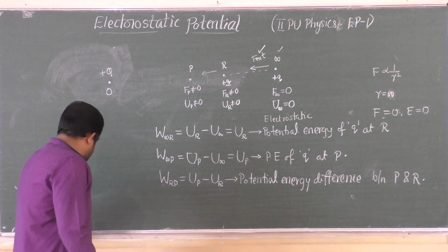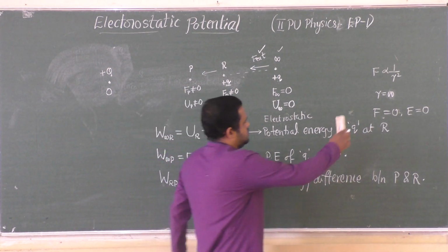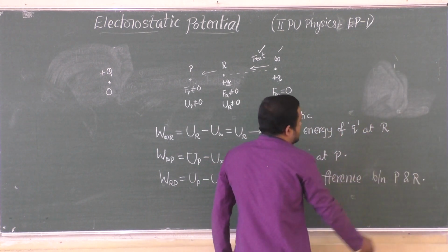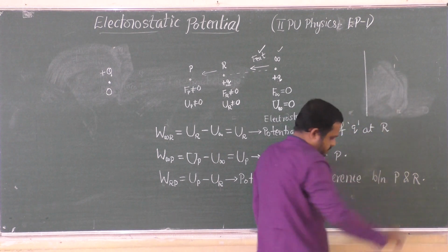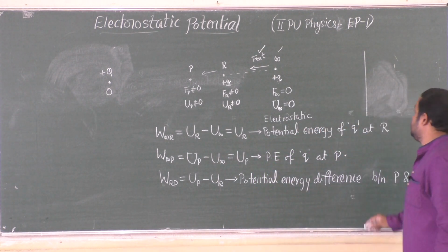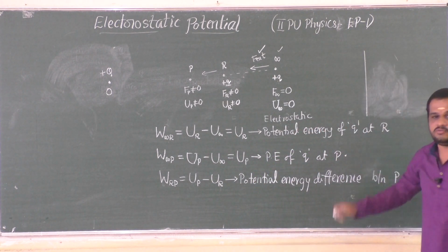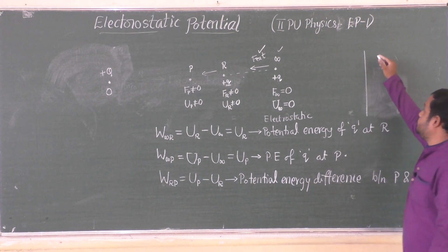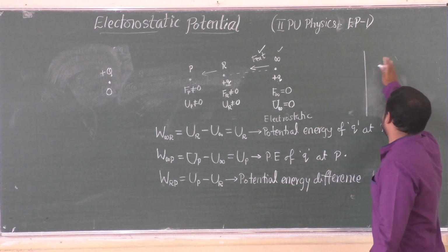Now let us make a small change here, or we will discuss one more condition here. In the previous chapter, using Coulomb's law, we derived an expression for electrostatic force between two charges.